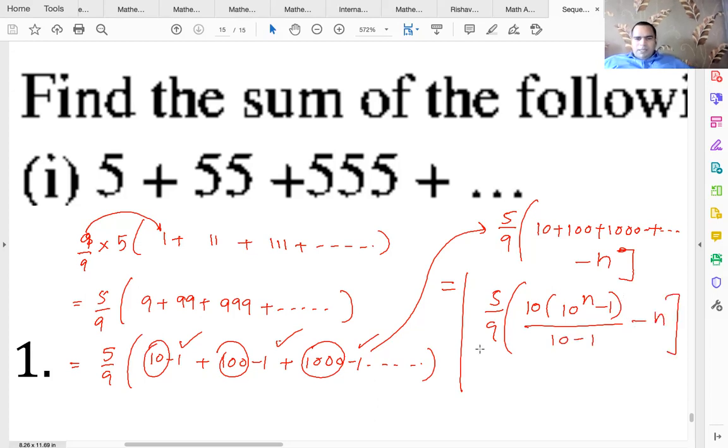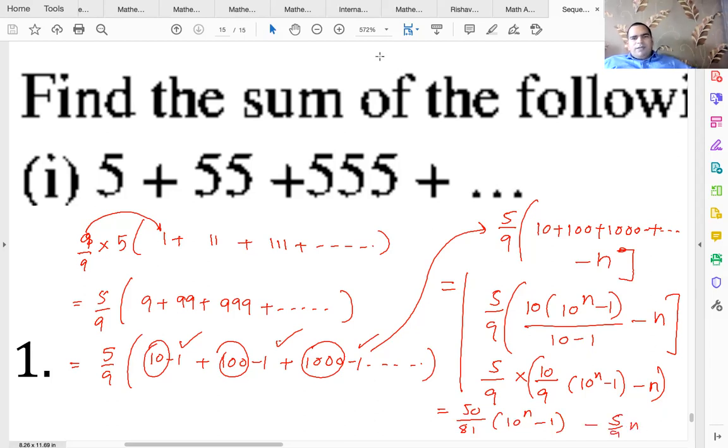As a result, what we get is 5 over 9 times 10 over 9, times 10 to the power n minus 1, and minus n. If you open up the bracket, it becomes 50 over 81 times 10 to the power n minus 1, minus 5 over 9 n. So that's the formula you derive for the sum of this particular series.